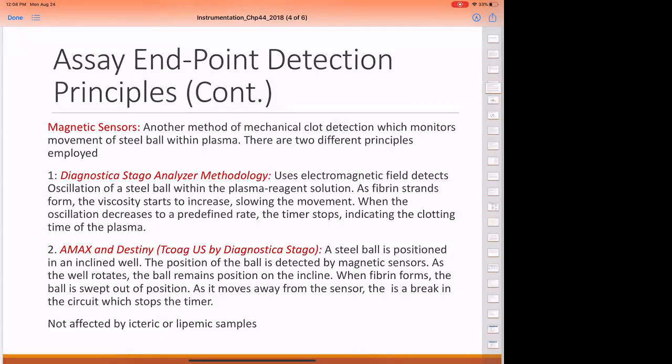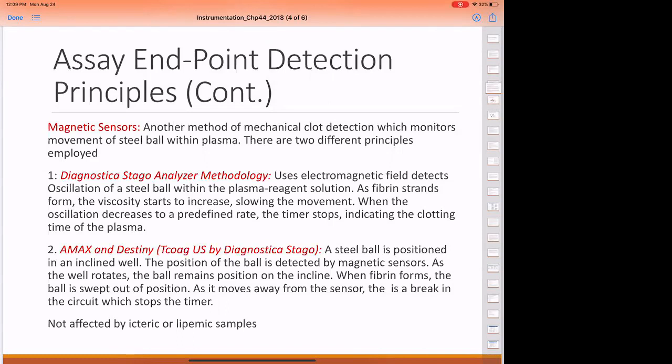Some analyzers that use endpoint detection methodology use what are called magnetic sensors. Magnetic sensors are another method of mechanical clot detection, which monitors movement of a steel ball within the plasma. There are two different principles employed that use these magnetic sensors: the Diagnostica Stago STA analyzer methodology and the AMAX and Destiny, which are also instruments made by Diagnostica Stago.